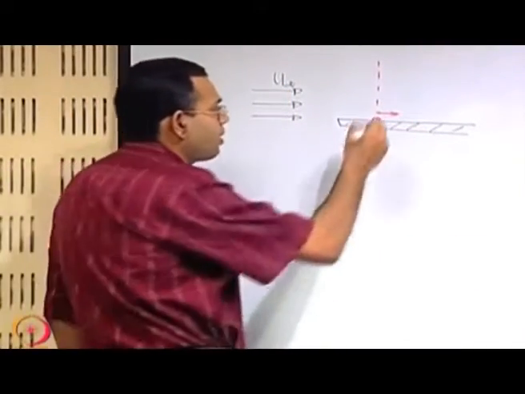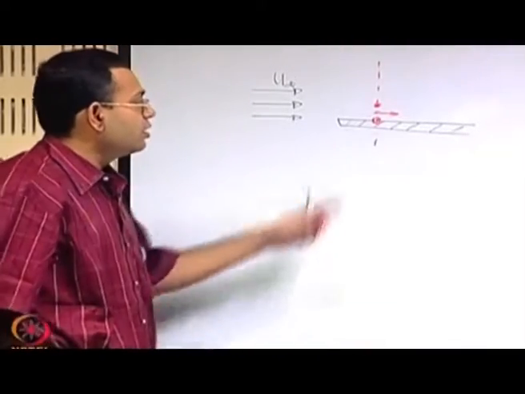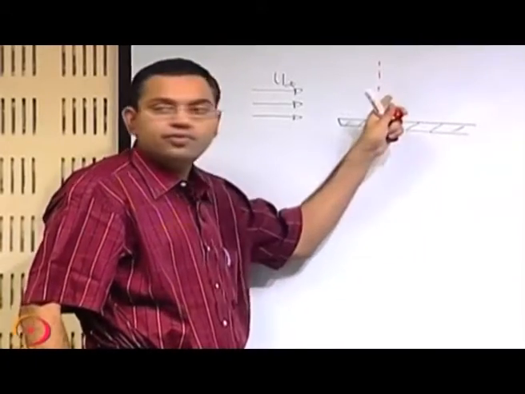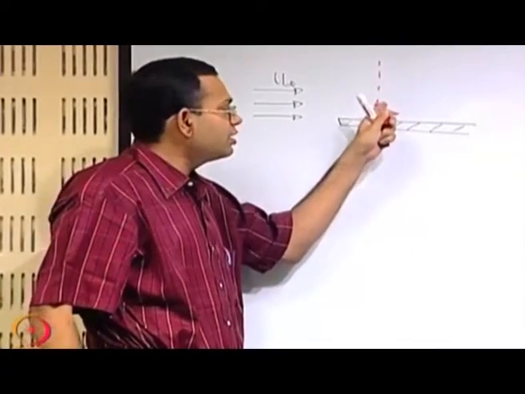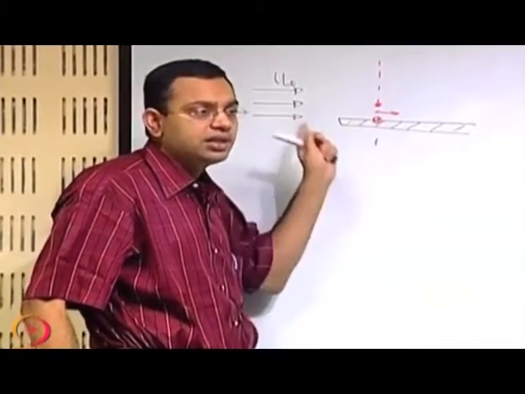Now if you go further away, you will find fluid elements which are further away from the wall. They are slowed down by the wall, not explicitly but implicitly. How implicitly?